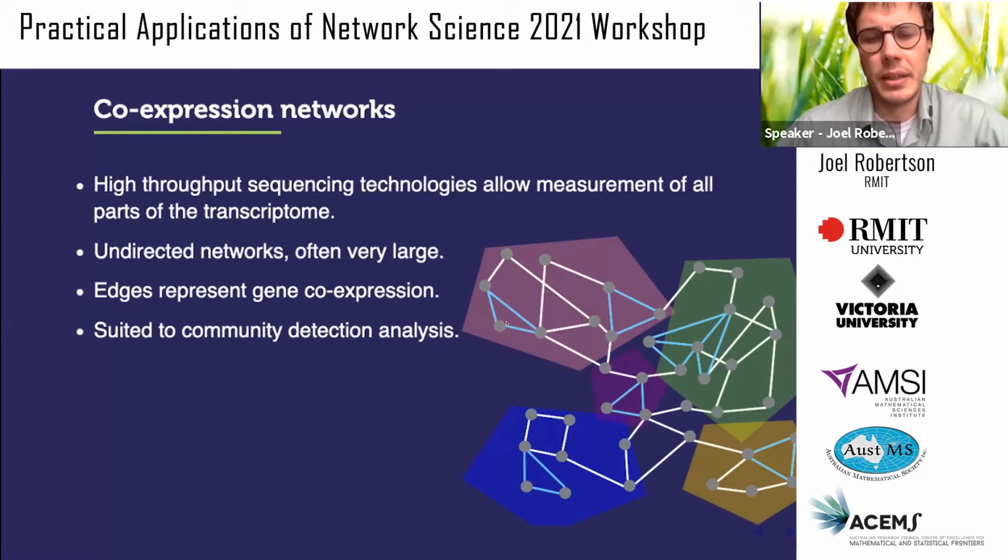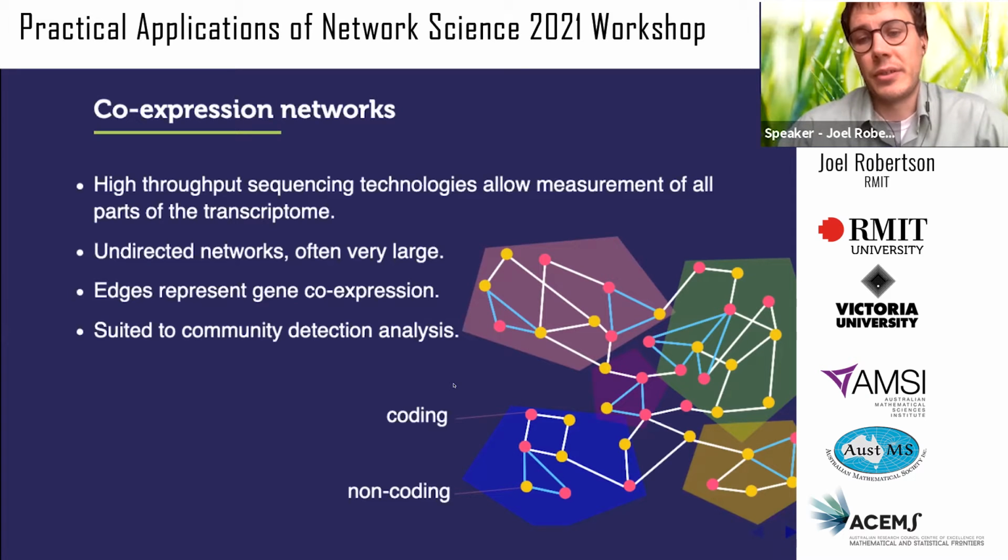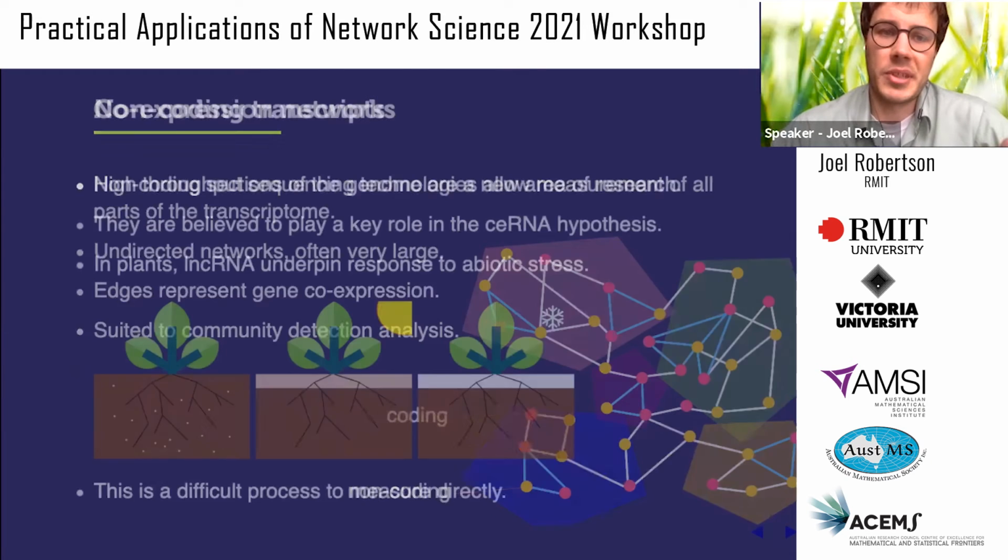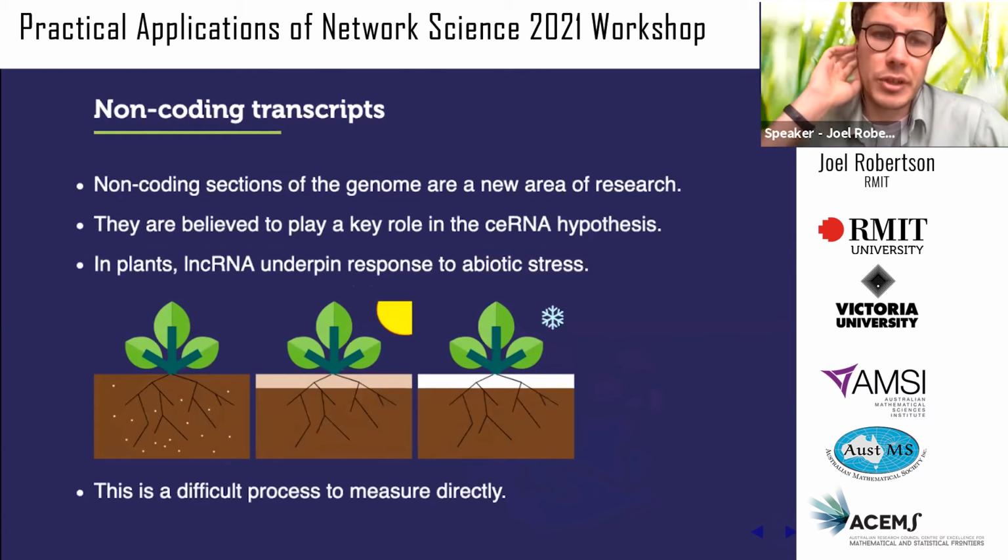There's not many to look at, but we can induce more complexity, as if it was a directed network, if we look at a heterogeneous network where there are different types for the nodes. In this case, they are coding and non-coding transcripts, and I'll just explain what I mean by that for people who don't have much familiarity with molecular biology.